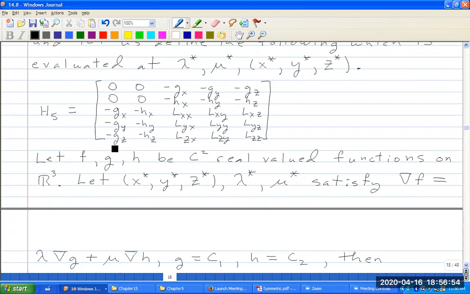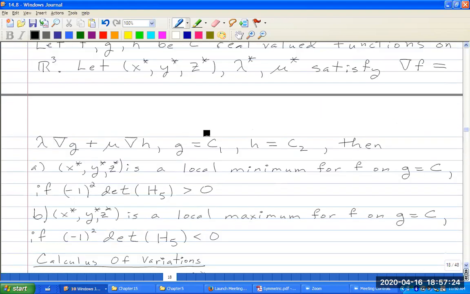Let F, G, H be C2 real valued functions on R3. Let x star, y star, z star, lambda star, mu star satisfy: the gradient of F equals mu gradient G plus lambda gradient H, G equaling c1, H equaling c2.